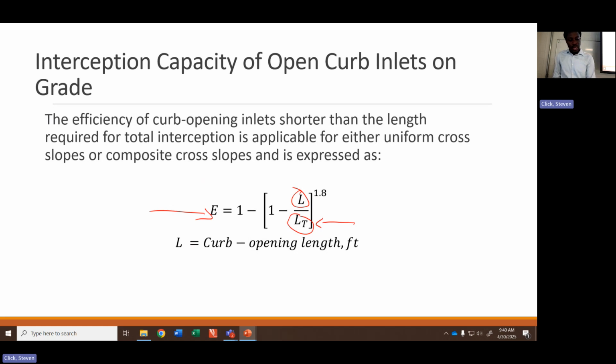Then we'll work out to find our L value. So this is the formula that relates the efficiency, the ideal length to the real length that's used in the field. So you work out and make L the subject, then you find out the length of the inlets that you want. Any questions?